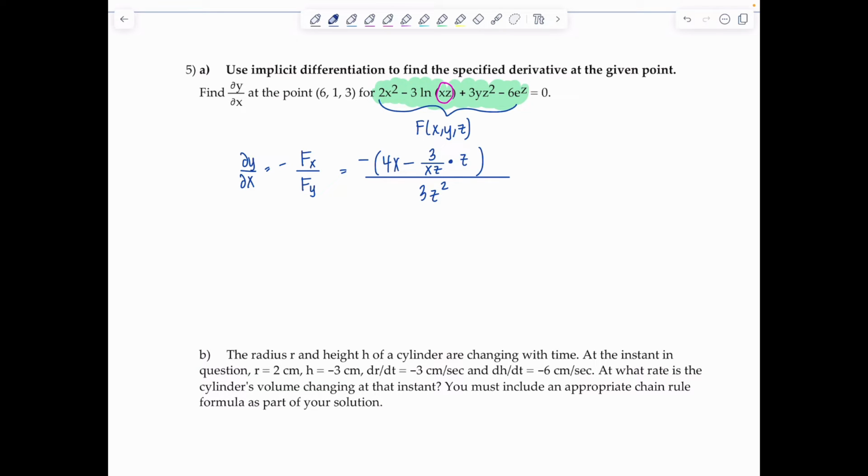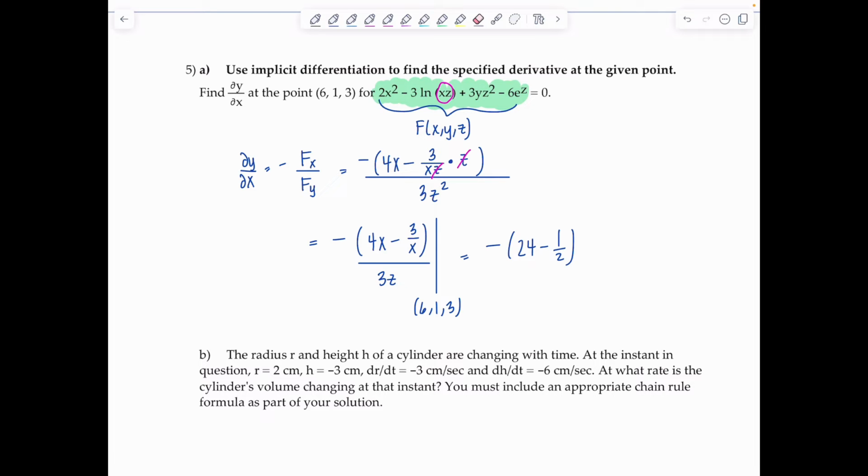Good? Okay. Then this z actually cancels out. So we're left with negative 4x minus 3 over x over 3z squared. And then I'm going to evaluate this at 6, 1, 3. So then we have negative 4 times 6, that's 24, minus 3 divided by 6 is a half.